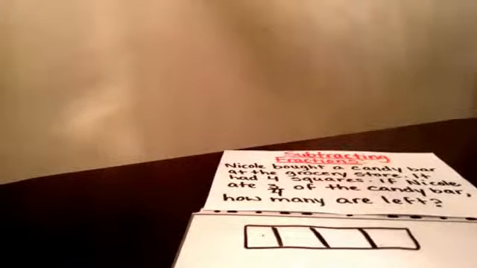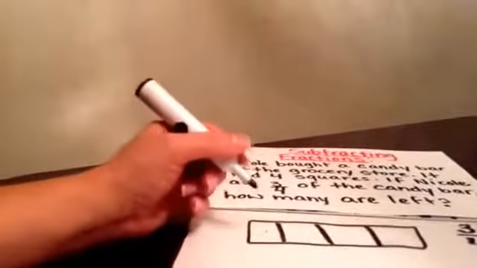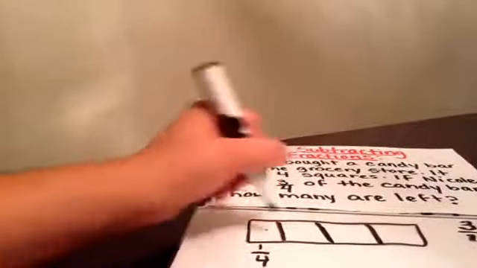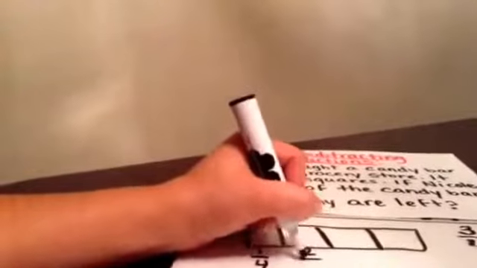So we know that the candy bar has 4 squares, but she ate 3/4. Right? So now we're gonna label this as a fraction. So 1/4. This is 1 square of the 4. This one's 2/4, 3/4, and 4/4. Okay?